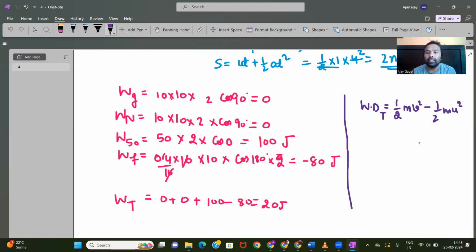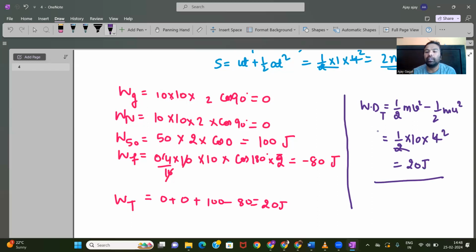Initial velocity is 0, so initial kinetic energy is going to be 0. Finally, it is going to be half into 10, velocity is 2 meters per second, squared that is 4. So this is simply 20 joules.